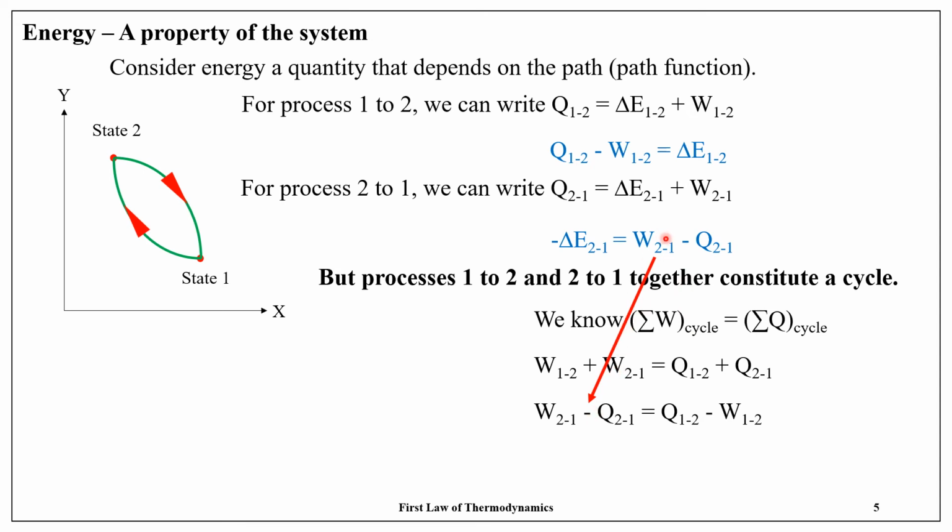So these two are same. Similarly, these two are same. That's why we rearranged this equation in this form. So W21 minus Q21, which is nothing but this one, and hence, instead of this, we are going to substitute this one. Similarly, for this one, we are going to substitute this.